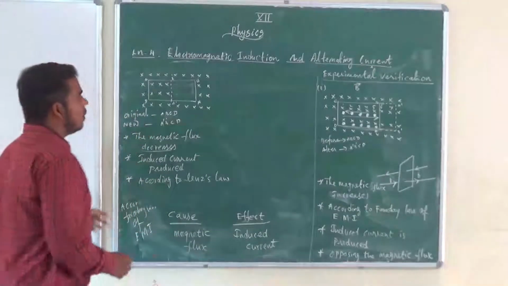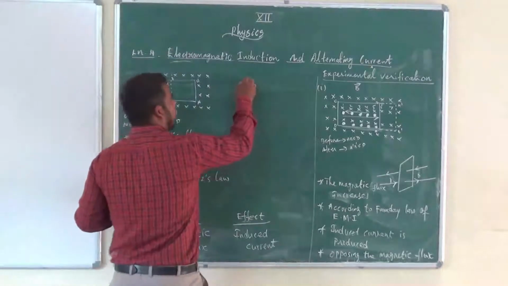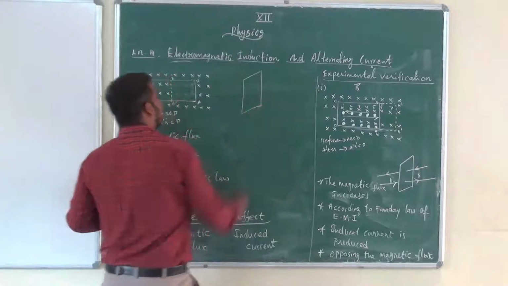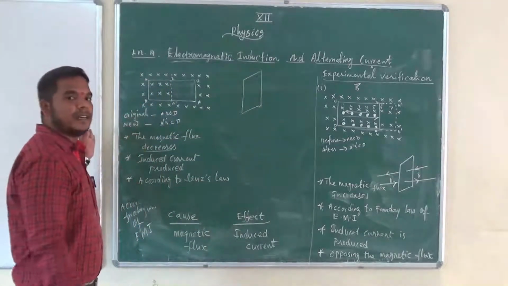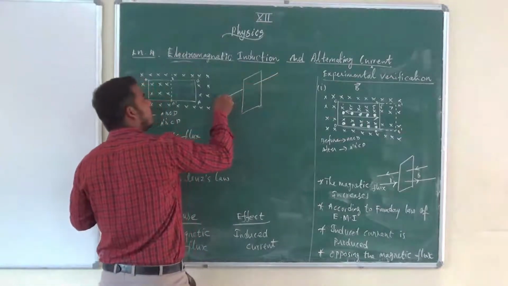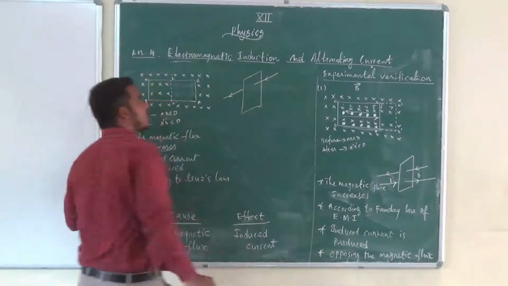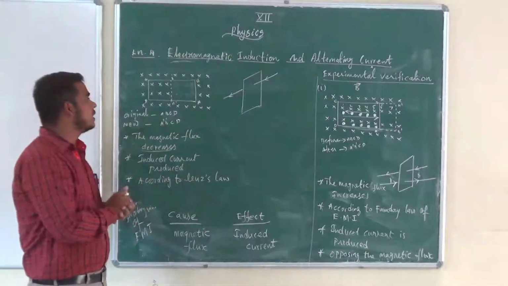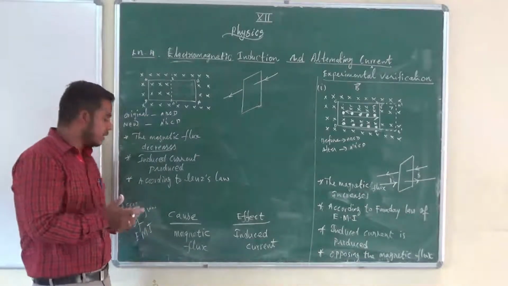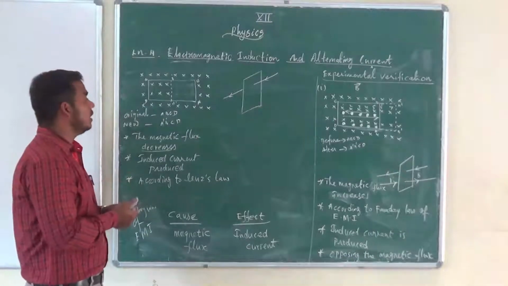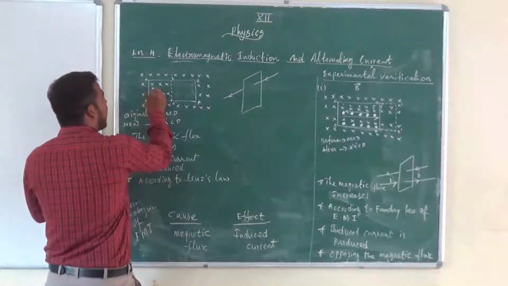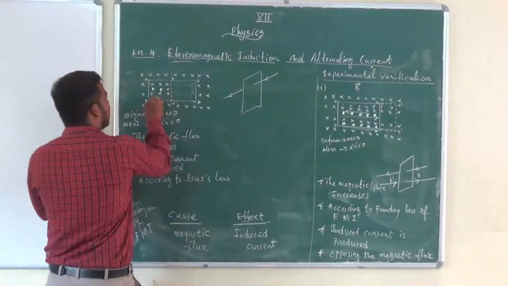Actually, if I take a paper: before decreasing the rectangular loop, the magnetic field is directed like that. When I was decreasing the area of the loop, at that time the induced current is created. The induced current opposes the decrease of the magnetic field. The induced current also produces a magnetic field, represented by the circle.